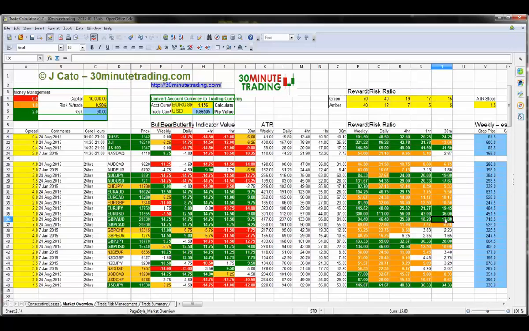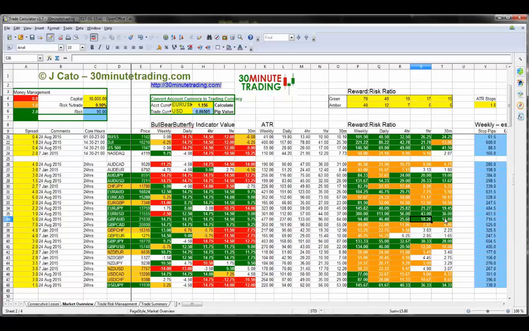That just went to green. That's the pound Aussie at that time, okay? So this allows you to isolate the assets that are currently worth your while getting involved with, giving you a good inherent reward to risk ratio.